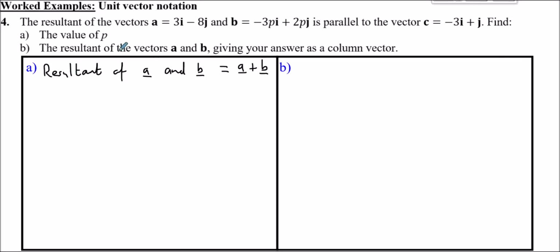So a is 3i minus 8j, so 3, minus 8, plus b, which is minus 3p at the top and 2p at the bottom, gives us, adding the top bits, 3 plus minus 3p, that's 3 minus 3p, and the bottom numbers, minus 8 plus 2p on the bottom.